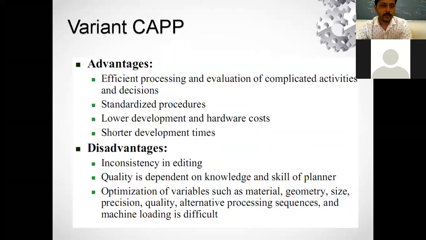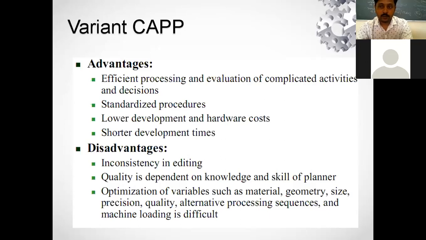Obviously, they have some advantages and disadvantages. Advantages: efficient processing and evaluation of complicated activities and decisions, standardized procedures, lower development and hardware cost, shorter development times. These are the advantages of variant or retrieval type compared to the manual type. And there are disadvantages. Sometimes inconsistency in editing may occur. Quality is dependent on the knowledge and skill of the planner.